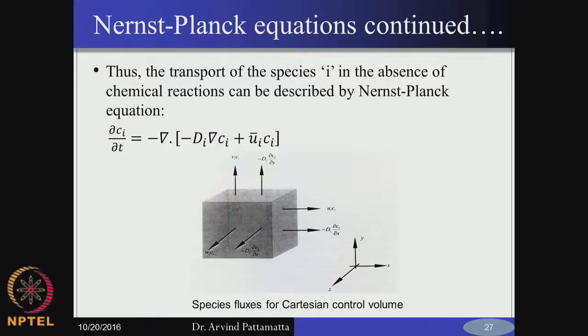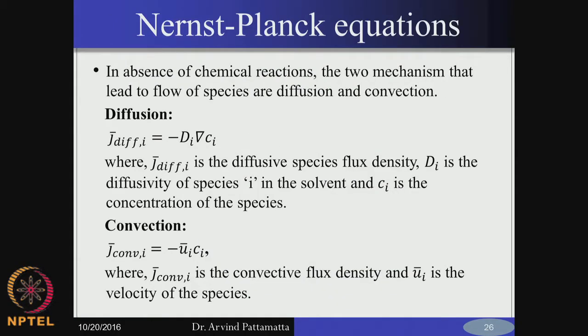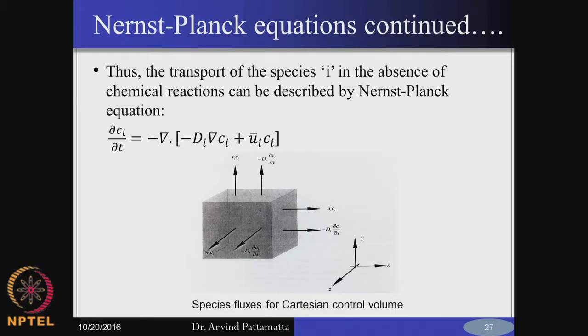We will quickly wrap up this case and then I will briefly introduce the equation for solving for the concentration, the advection diffusion equation for the concentration of the species. In the earlier case the Boltzmann distribution function can be used, but the actual distribution will be more complicated if you have a flow.